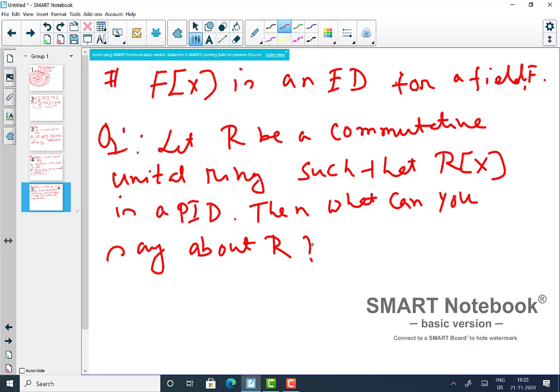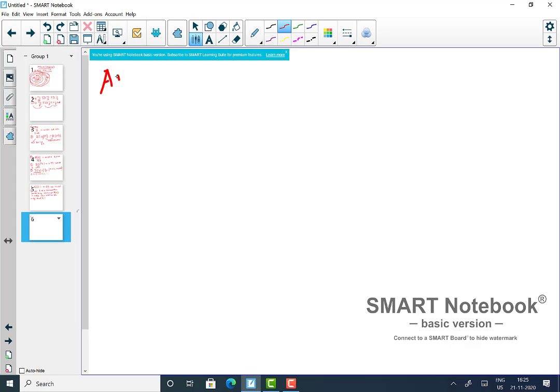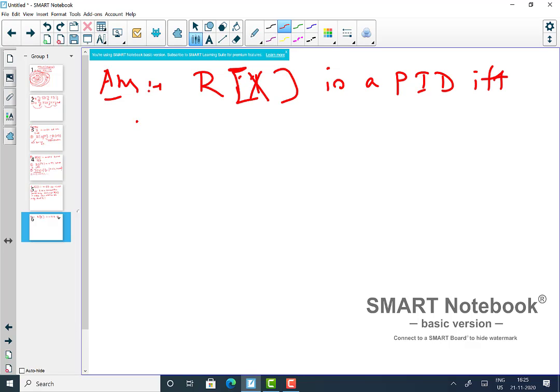Is it an integral domain only, or does it have some more important property? The answer to this question is that R[x] is a PID if and only if R is a field.